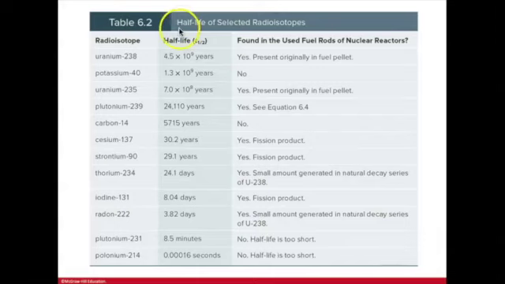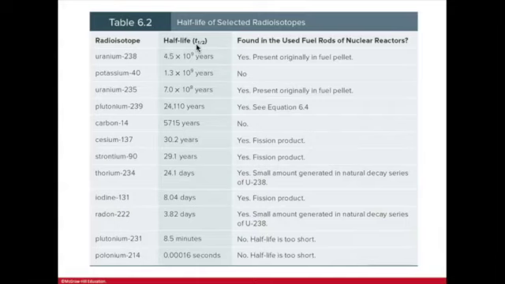This is indicated by what's called the half-life. Each radioactive isotope, each radioisotope, has its own half-life, and this is inherent to the isotope itself. The half-life, T 1/2 is the symbol, means the time, that's T, required for the radioactivity that is originally present to fall to half of the original amount.